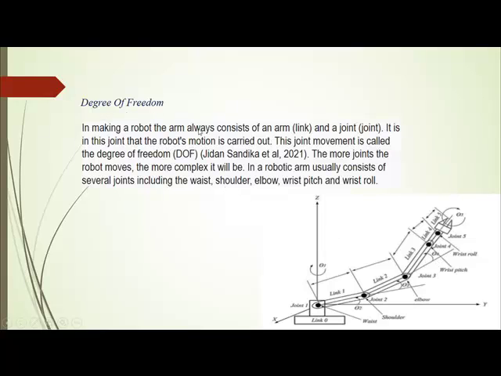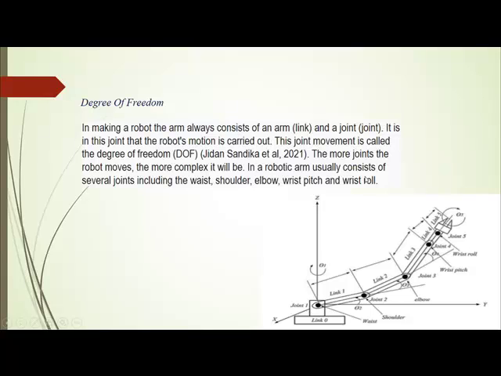This is our degree of freedom, shown in the picture. A robot arm always consists of arm links and joints, so the more joints the robot moves, the more complex it will be.